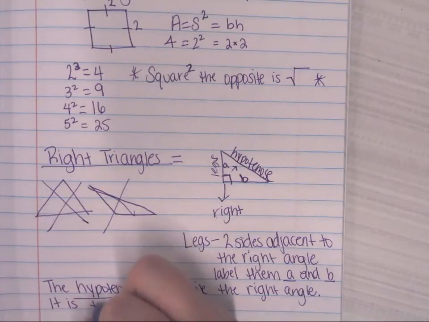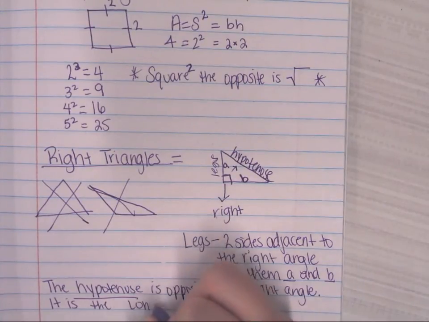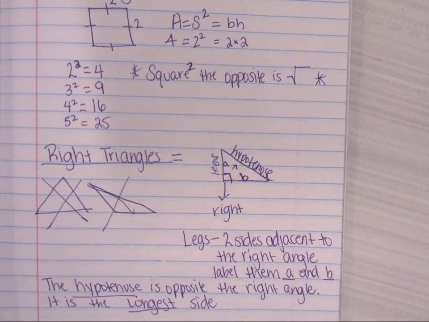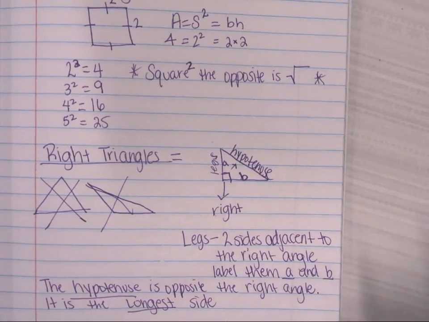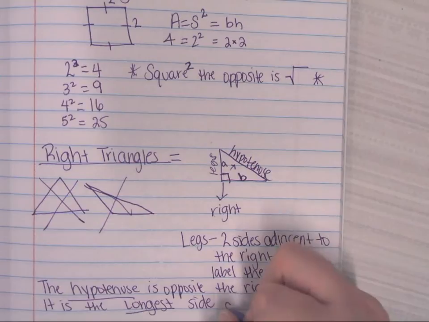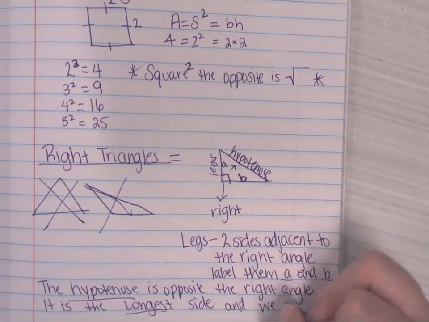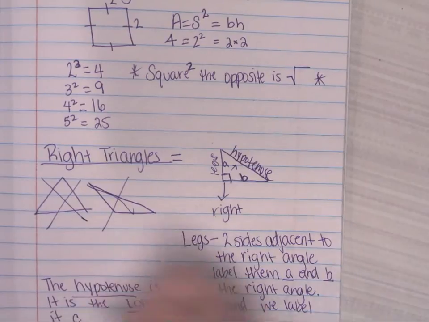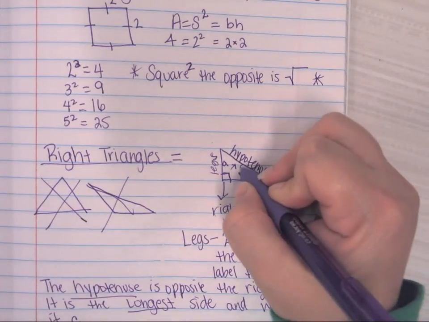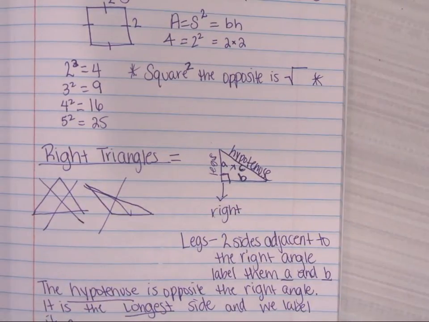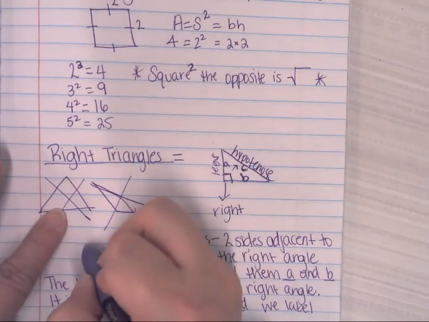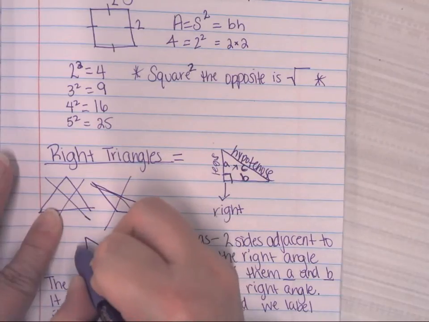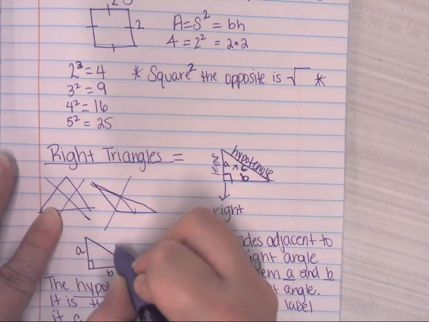It is the longest side of this right triangle, and we label it with the letter C. So this one is C. So when I have a right triangle, it's labeled A, B, C.